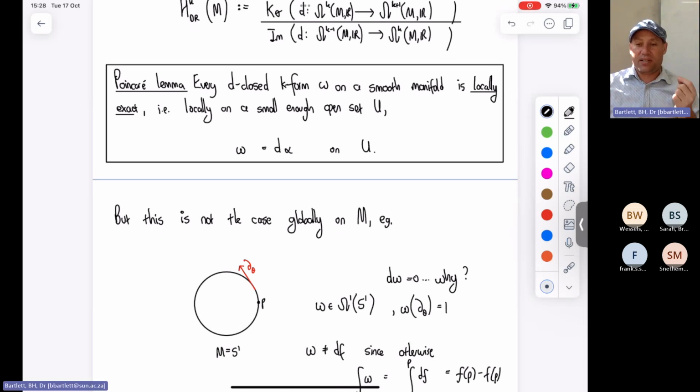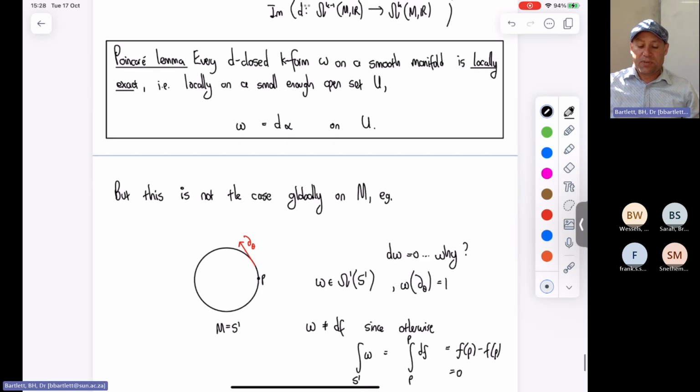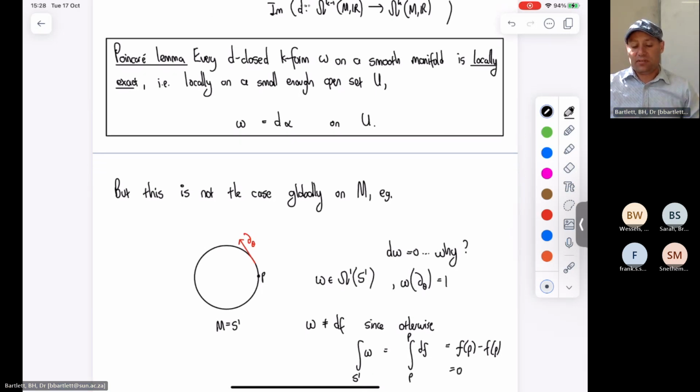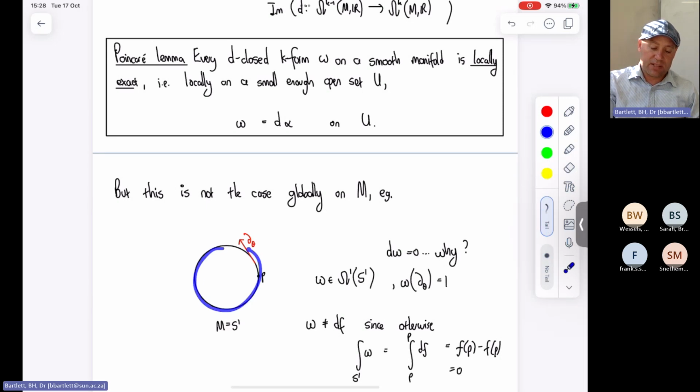This omega can't be the D of a function, because if it was, and I were to integrate this one-form around the circle, something I did mention, that you can take K-forms and integrate them over one-dimensional regions, so I can integrate omega over S1 itself since that's a one-dimensional thing.